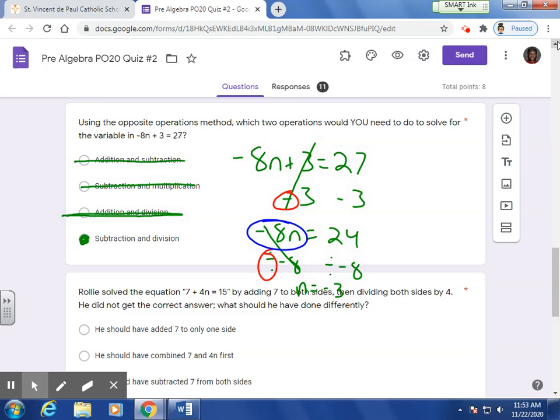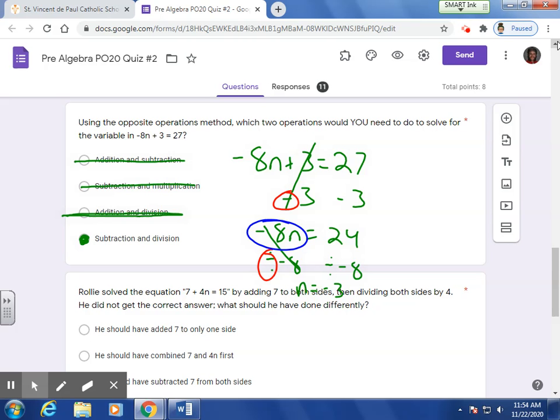So the reason why we spent 2 days on two-step equations with 2 quizzes is because going forward in PO21 and PO22, two-step equations are going to be our goal, in the sense that the equations you're going to see going forward are going to be longer. They're going to be more steps, multi-step, but once you get to that two-step equation, then it's just add, subtract, multiply, divide.